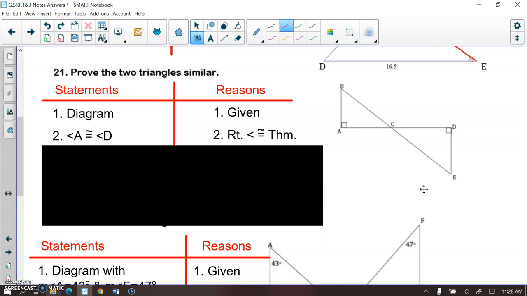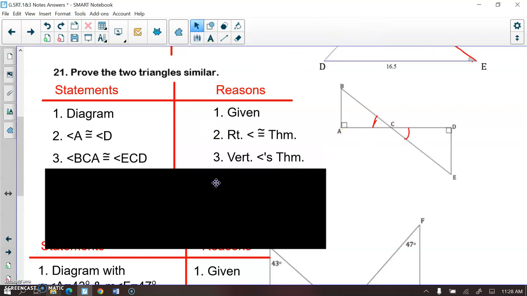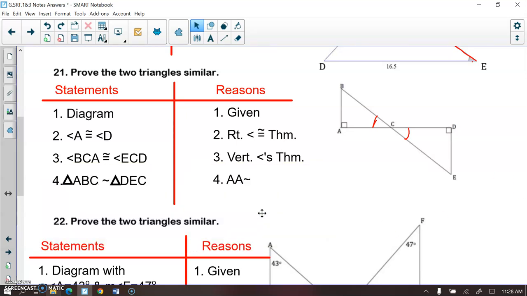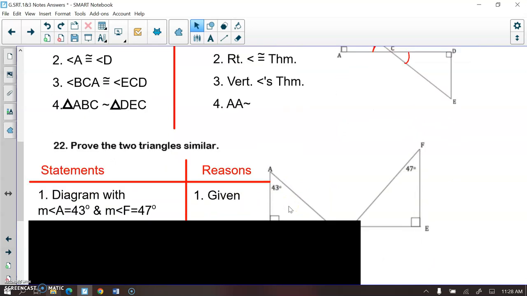And that are these two angles here, because those are vertical angles. So by the vertical angles theorem, those two angles are congruent. Now we need to be careful about the order that we put these in. I used triangle ABC. If I did triangle ABC, then we need to do triangle DEC. That's by AA similarity.